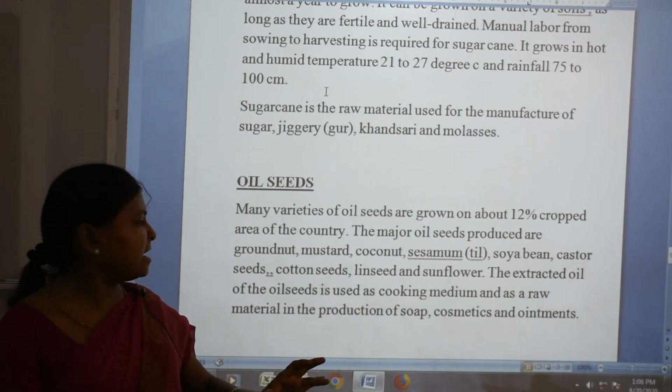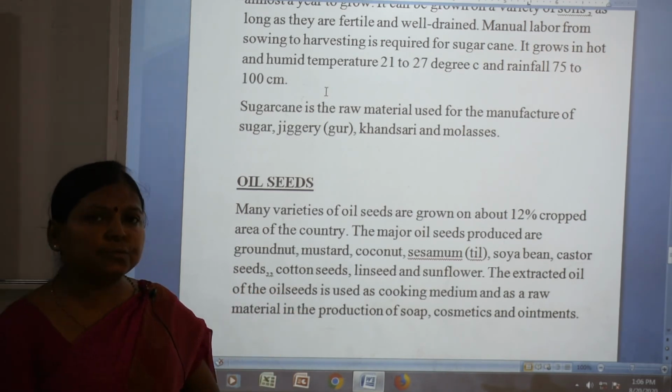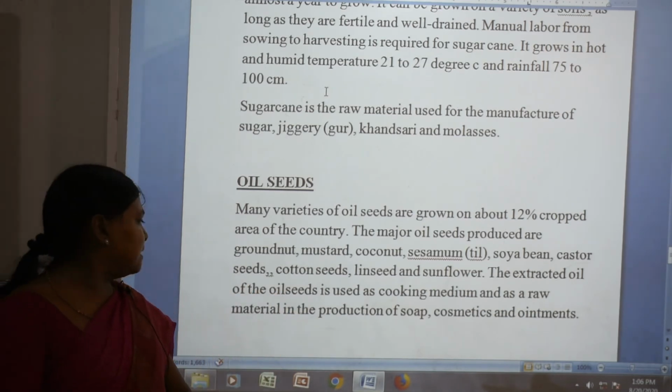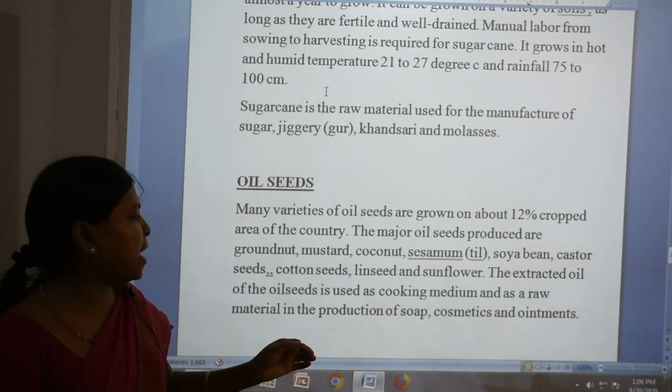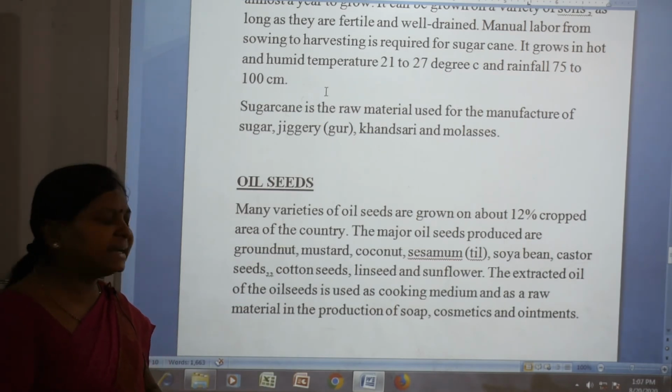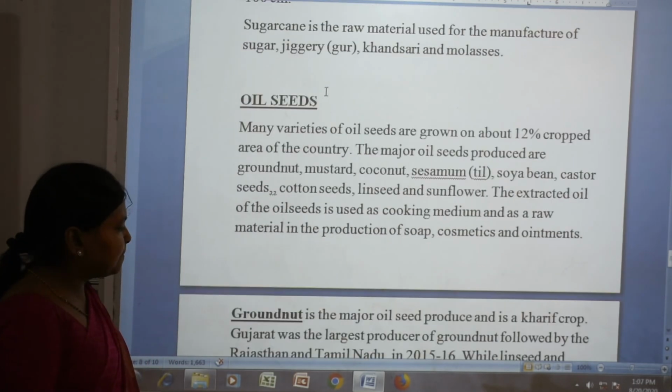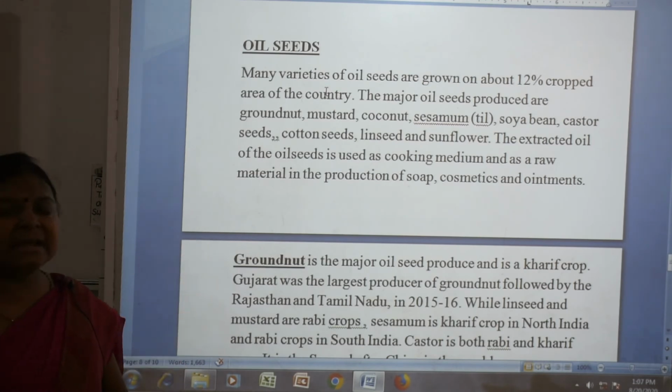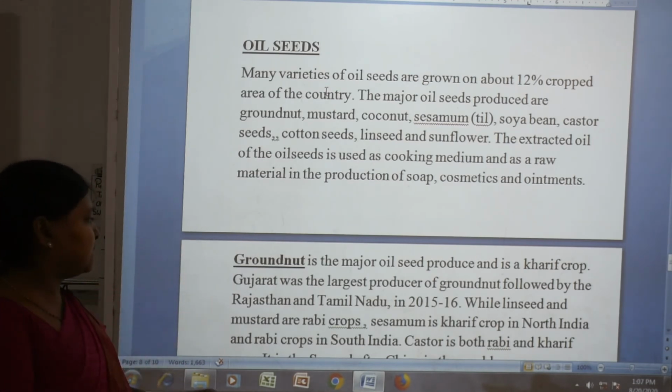Do you know the extracted oil of these seeds is used for cooking and as a raw material in the production of soap, some cosmetic materials, ointments, etc., and even for animals these products are used.